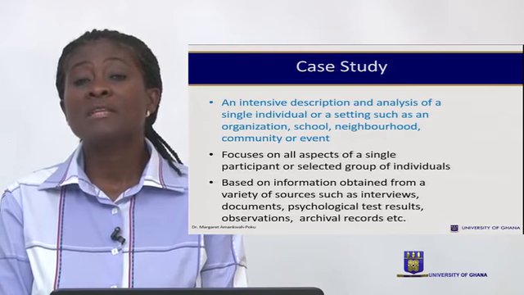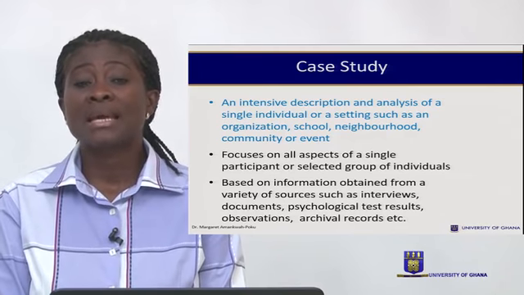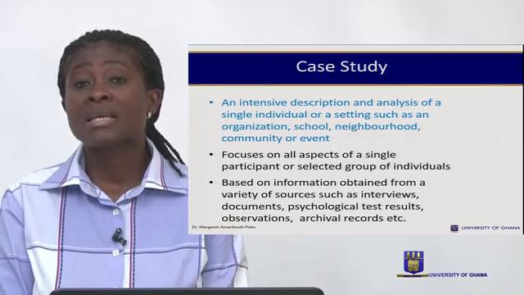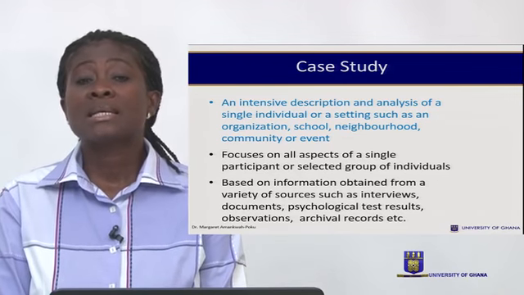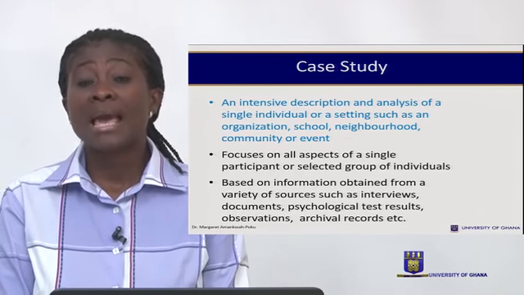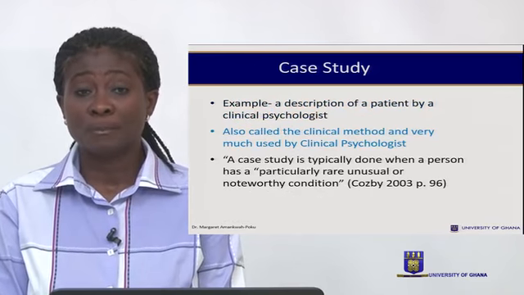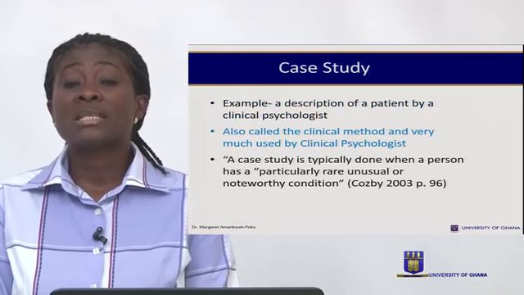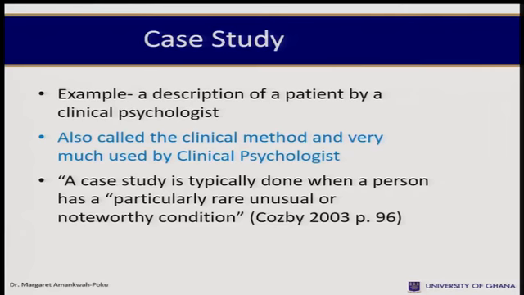So information is obtained for a case study from various sources, such as interviews, such as psychological test results, etc. So a typical example is a description of a patient by a clinical psychologist. So clinical psychologists use this study very often.